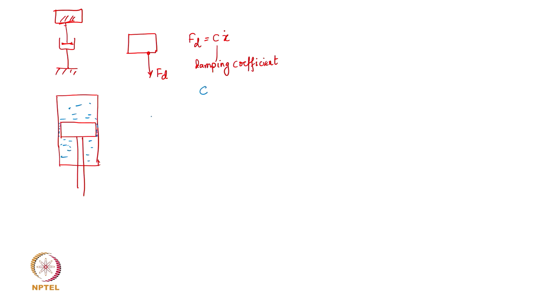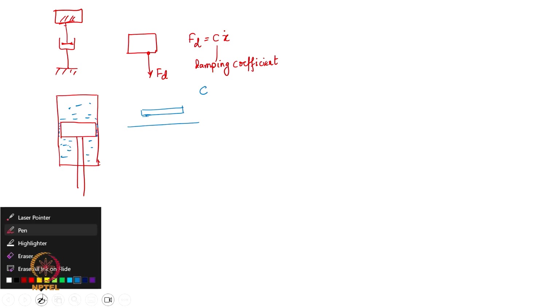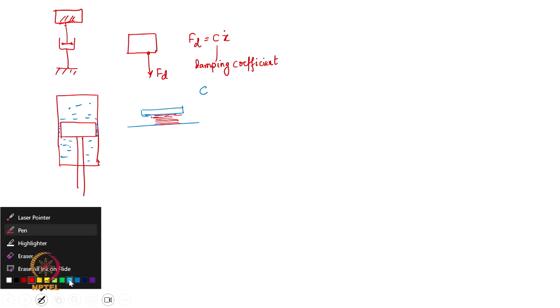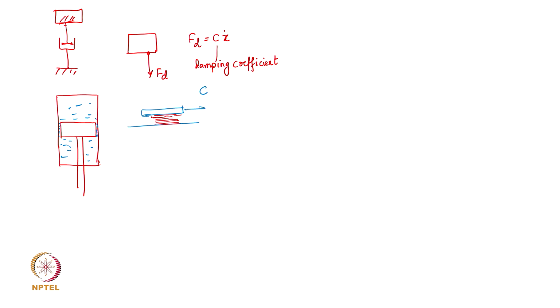You might be aware that if a plate is separated by a viscous fluid, and a velocity is given to this plate, equal to, let us say, V, the shear stresses in the fluid film are going to resist that motion.